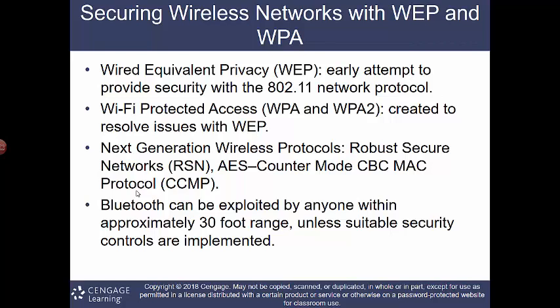There are others that are getting better. Bluetooth also is another wireless protocol, and it's relatively unsecure unless you take the time to secure it. Anyone within about a 30-foot range can access a Bluetooth device unless you have the encryption or coding turned on.